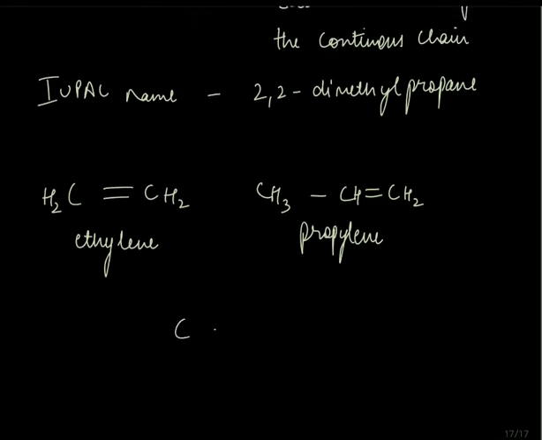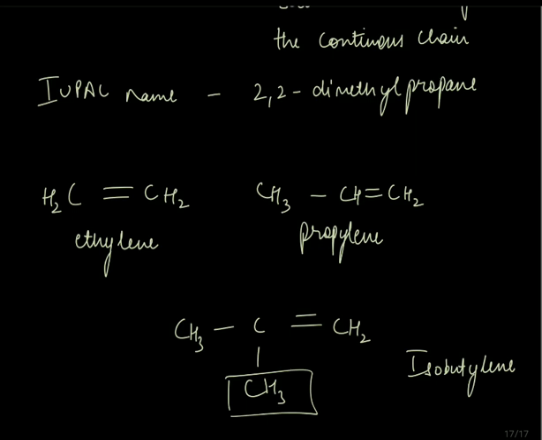Similarly, if we want to make an iso structure, this will be called isobutylene. Why iso? Again, it's the same reason: you have a methyl group on the second carbon. So this is the iso position.